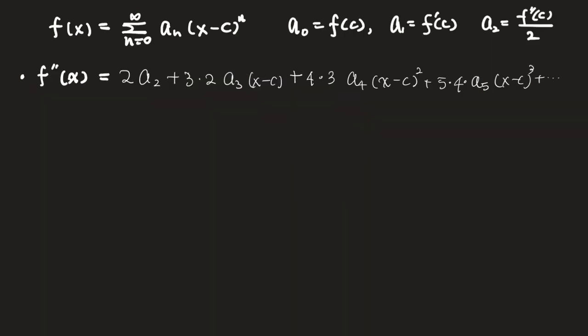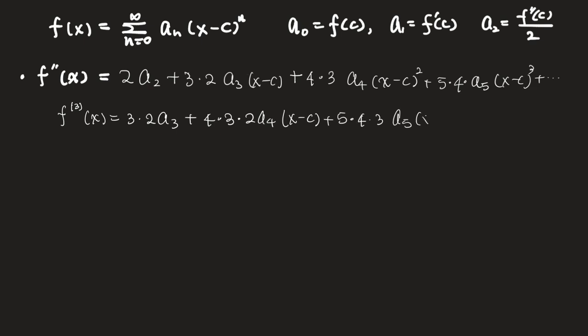So in the previous slides, we found a0, a1, a2. Let's find a3. We're going to take a derivative of both sides one more time. The third derivative: 3 times 2 times a3, plus 4 times 3 times 2 times a4 times (x minus c), plus 5 times 4 times 3 times a5 times (x minus c) squared.